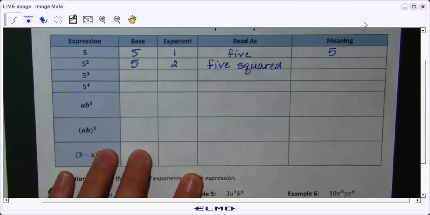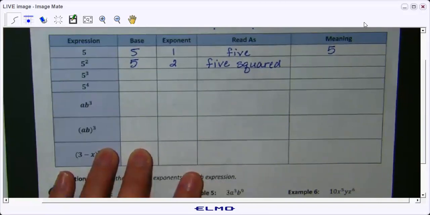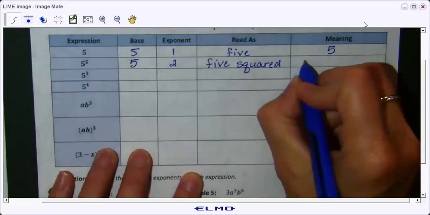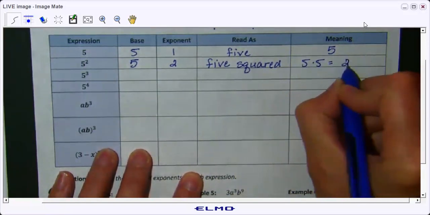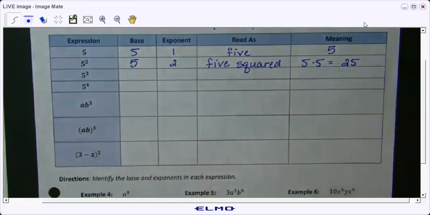And the meaning is not 5 times 2, which a lot of people will do. They'll say 5 times 2, so 5 squared equals 10. That's not what it is. It's 5 times 5, which equals 25. Okay.